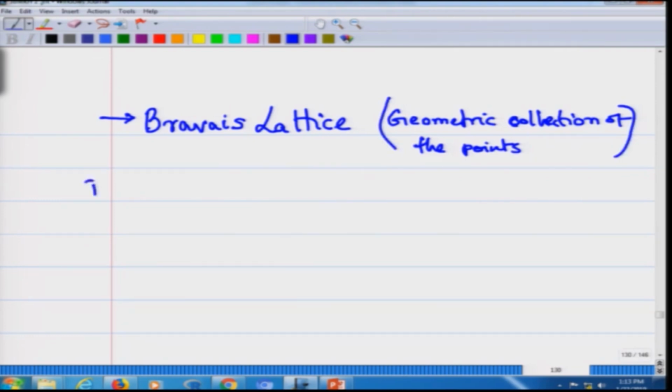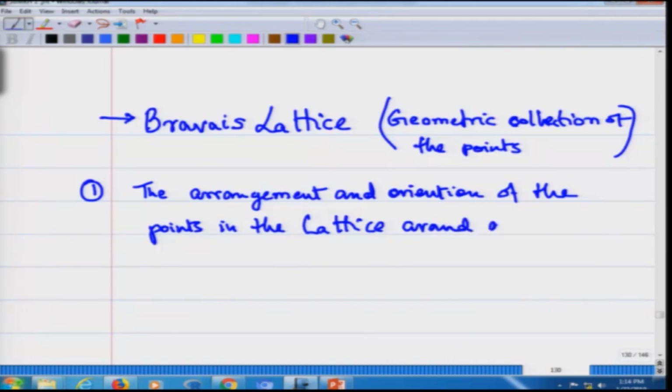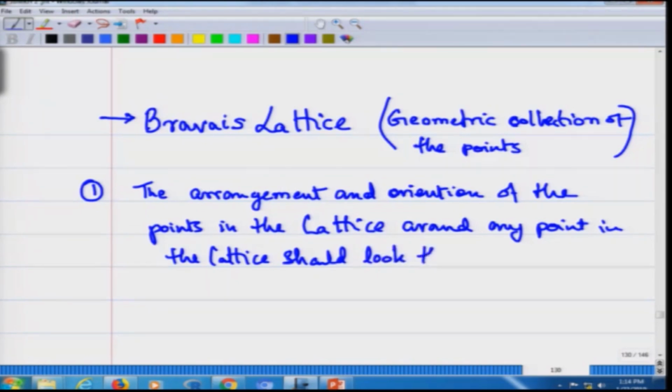So, the condition which they have to satisfy to form a Bravais lattice is, first, the arrangement and orientation of the points in the lattice around any point in the lattice should look the same.